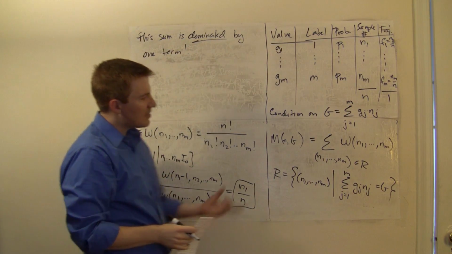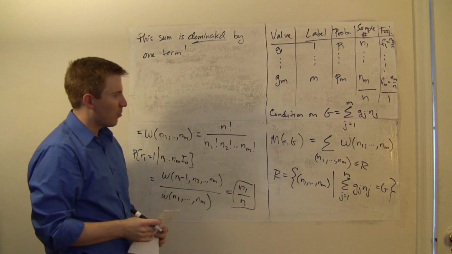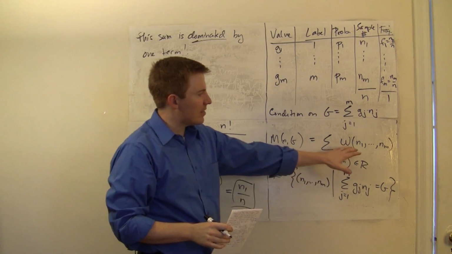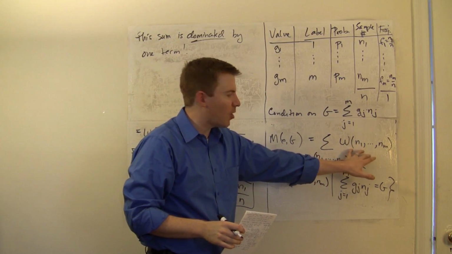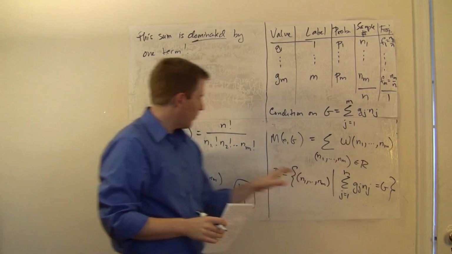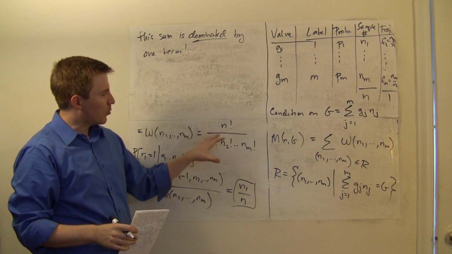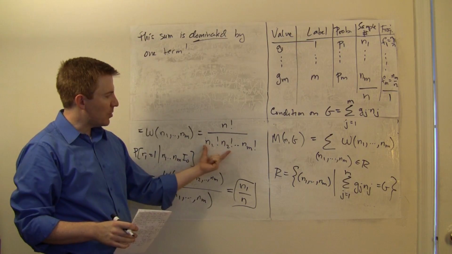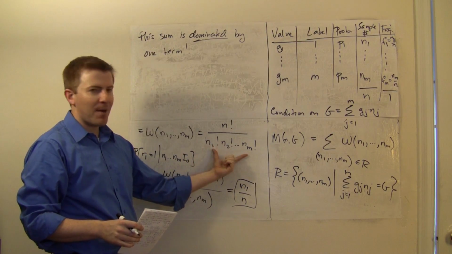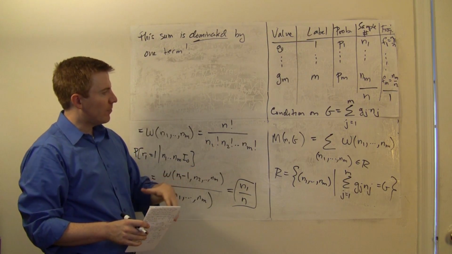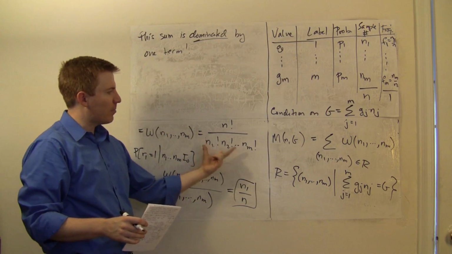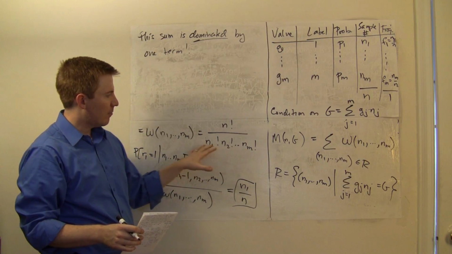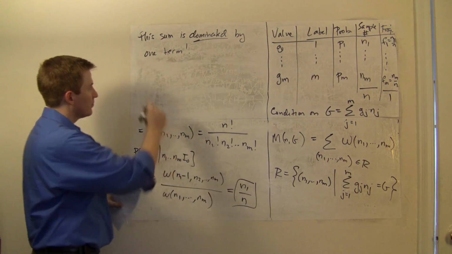So basically the way to think about this, and we don't need to go through all the details in the video, but the way that you can see this is that the multinomial coefficient, which I wrote here, grows so quickly in n that depending on the choices you make for these n1 through nm, you might get very, very large numbers or numbers that are much, much less. So basically there's one optimal choice for the n1 through nm.